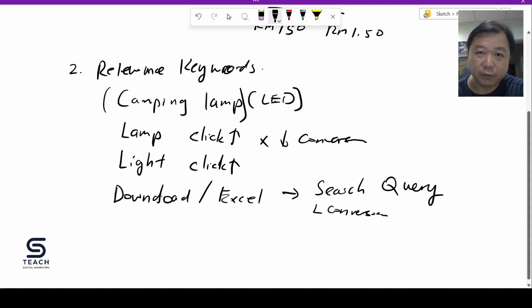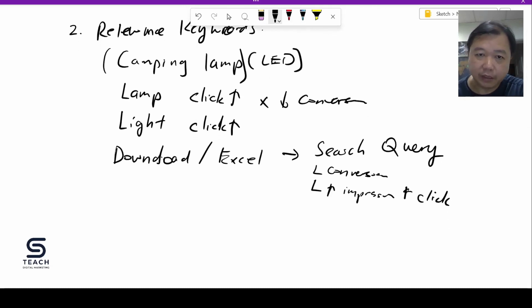So search for the keywords in the search query where people search and have conversion, and also look for high impression and high click, but relevant to your product. If you have keywords with high click and high impression but no conversion, don't pick those.